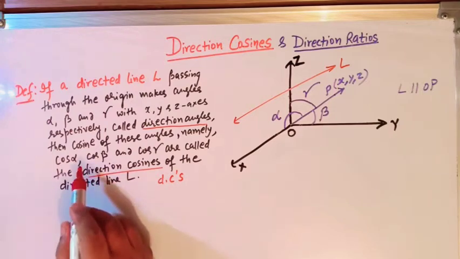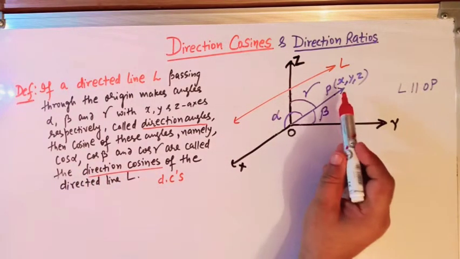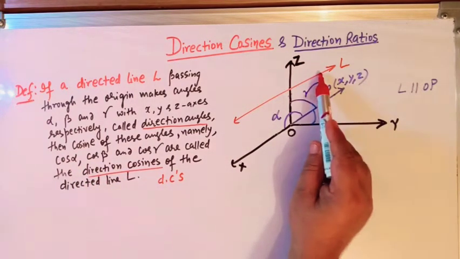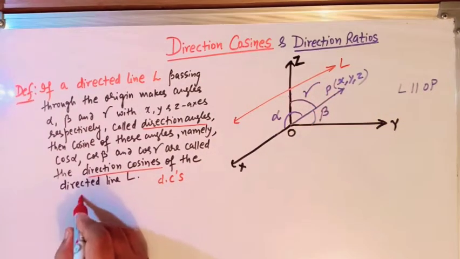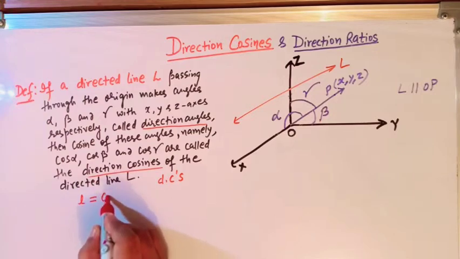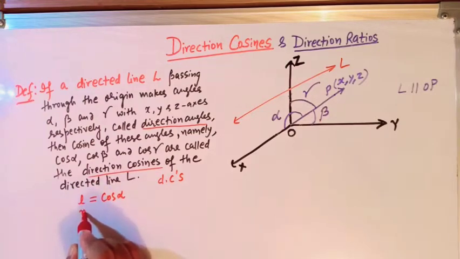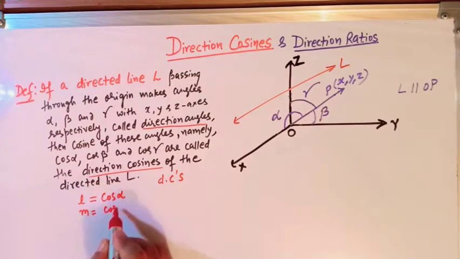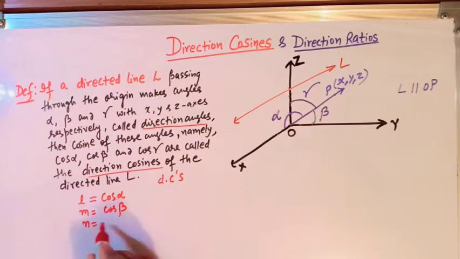So the direction cosines of this line L are denoted by l, m and n. l is cos alpha, m is cos beta and n is cos gamma, right?